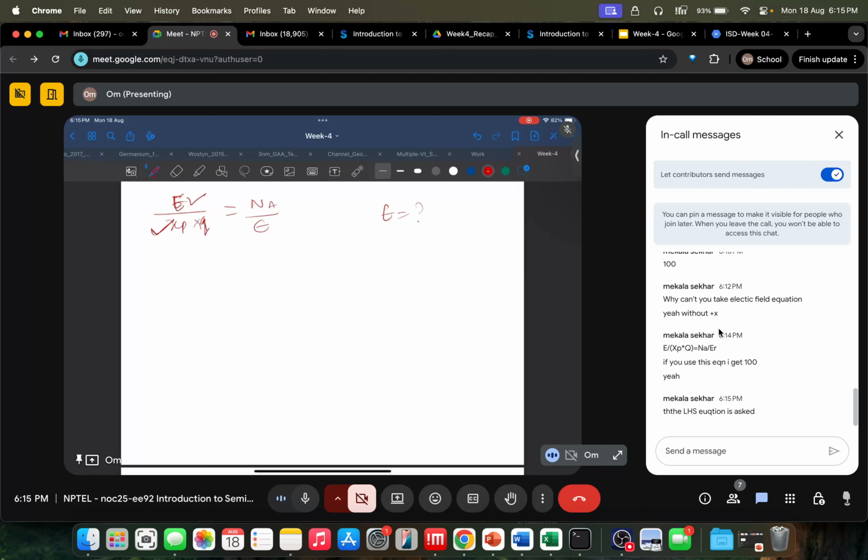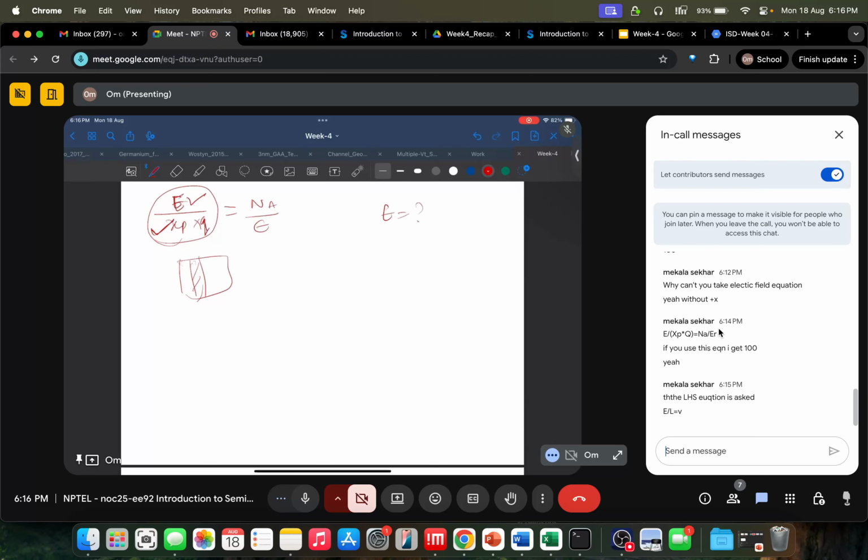The LHS equation is asked. I don't understand. What is asked is the charge on the P side, right? How does this give you that? What is V by Q? V by Q is energy. You have to find charge.